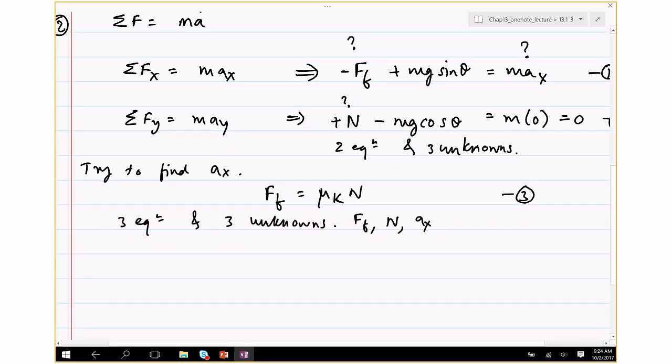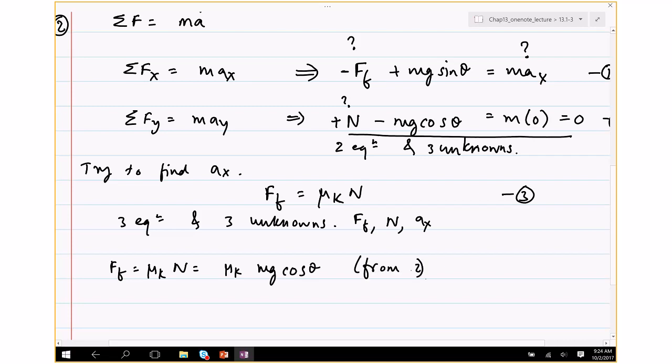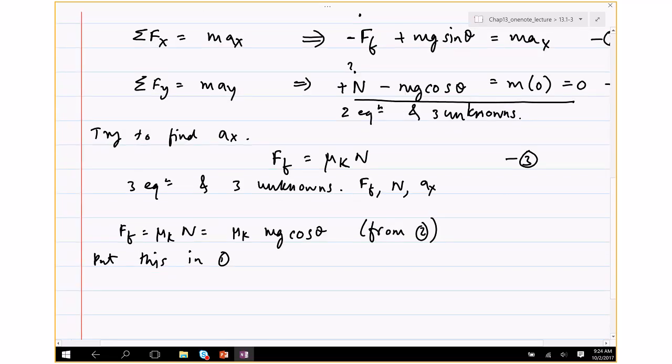So what I'm going to do is, Ff is mu k N, and I'm going to use this expression to get mu k times N. N is mg cosine theta from 2, and then put this in 1. So from 1 I can put Ff there.